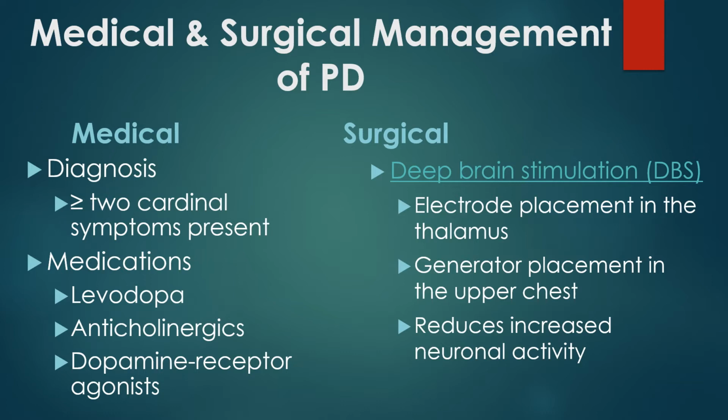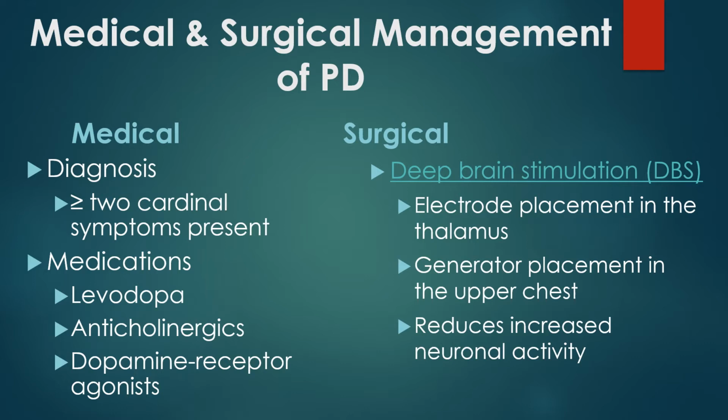Deep brain stimulation involves a surgery during which an electrode is placed into the thalamic area of the brain using MRI and recordings of brain cell activity during the procedure. A second procedure is performed to implant an impulse generator, which is similar to a pacemaker and is located under the collarbone or in the abdomen.